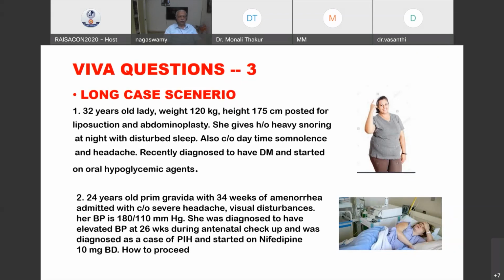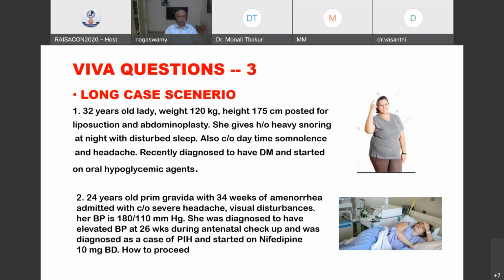Age-wise she is not a very old person, but BMI-wise she is on the morbidly obese side, and she has OSA and DM. Three problems are there. But the surgery posted is a very superficial, innocuous cosmetic surgery, nothing intra-abdominal or major vascular.